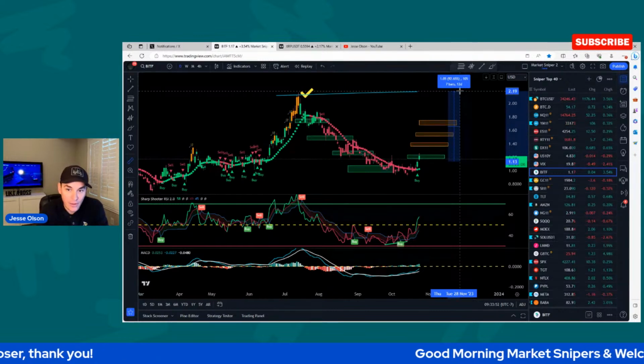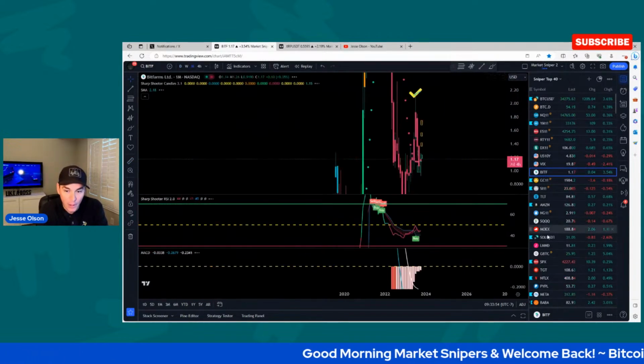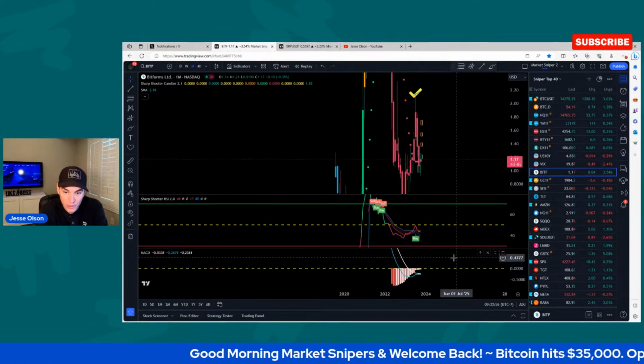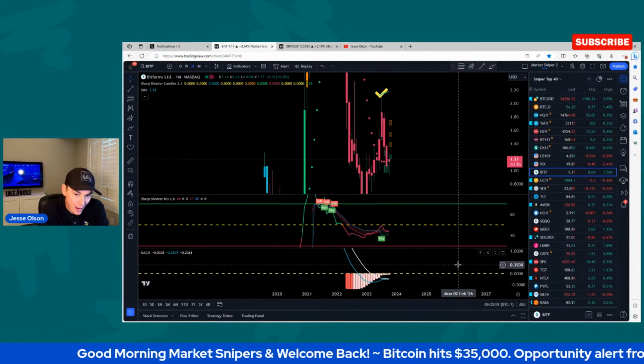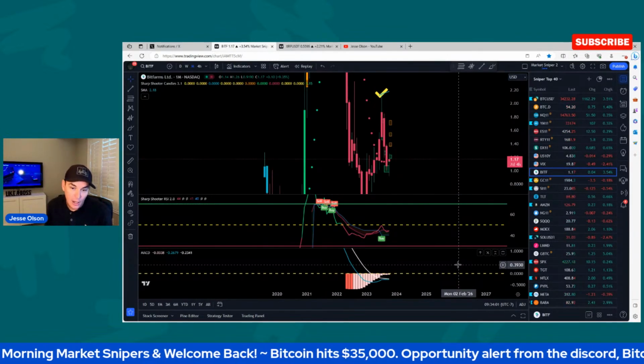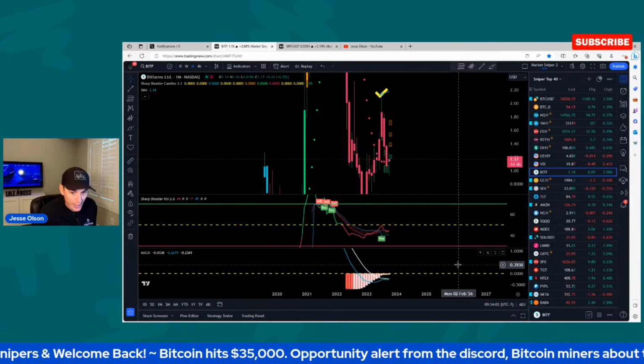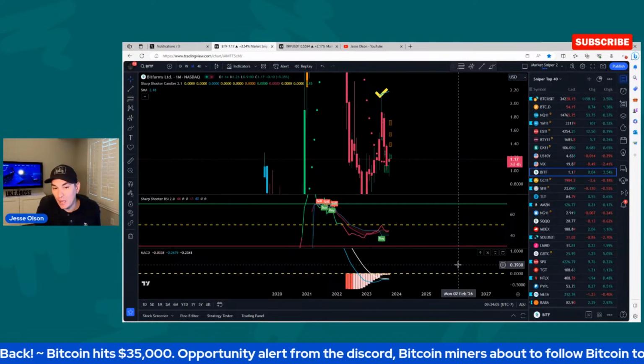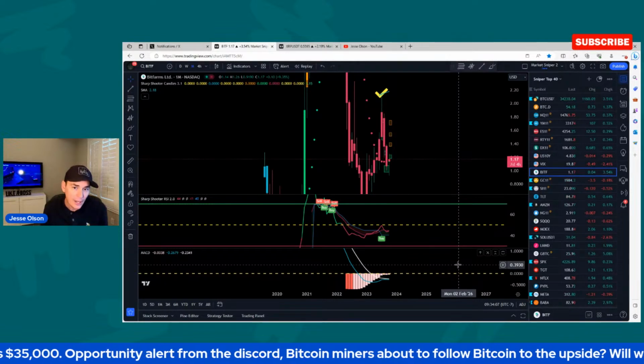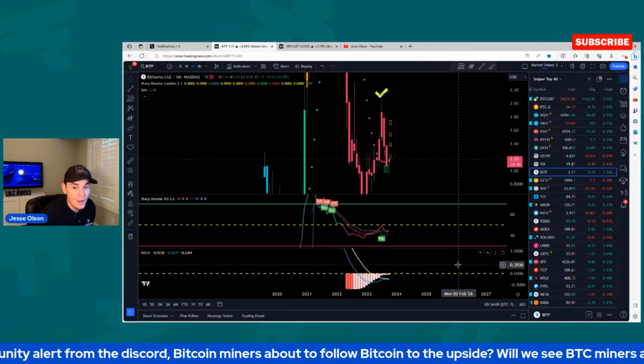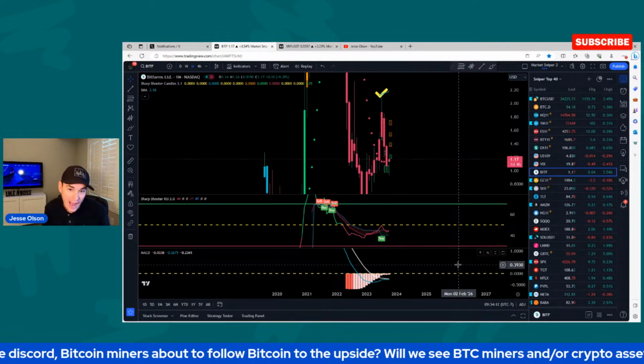So you got the weekly chart. Let's take a look at the monthly MACD bullish crossover. We don't even have a MACD bullish crossover like we did on Bitcoin, right? So it could be lagging a couple months behind. It could take some more time to play out. But then again, these are fast movers.